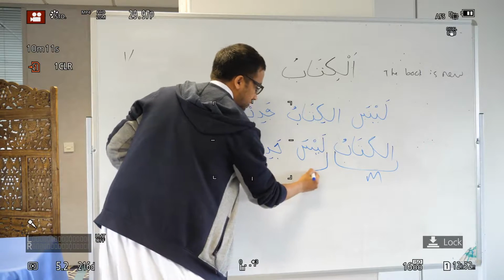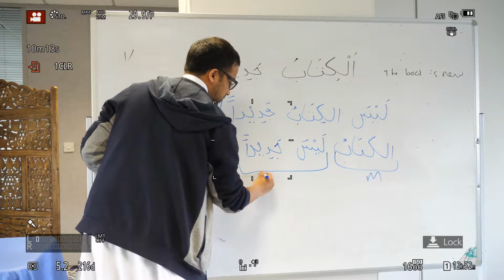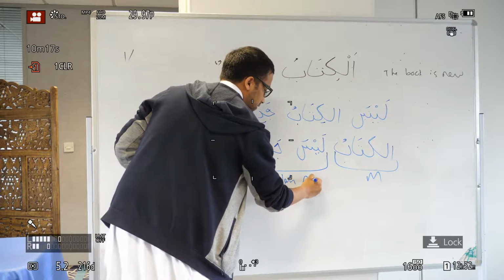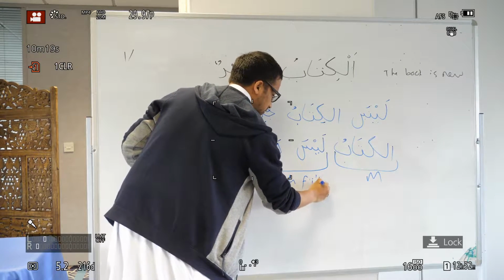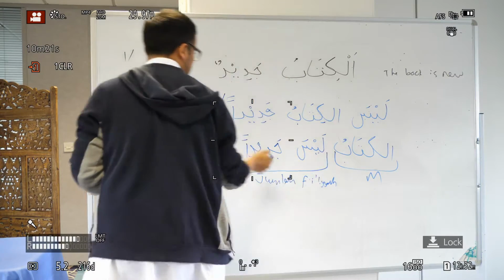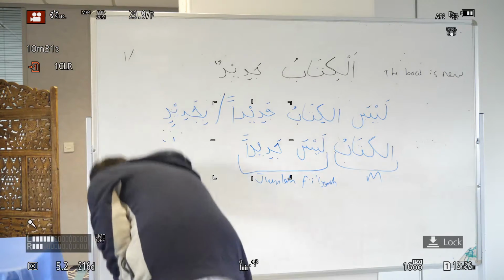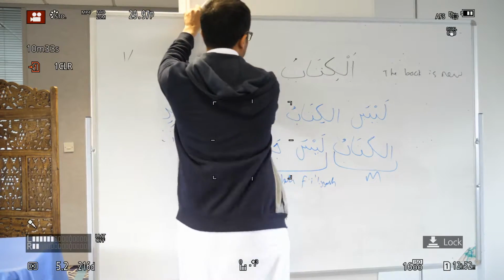So you've got a jumla fi'liya starting here. So this part is a jumla fi'liya. So the entire sentence is coming as a khabar. Okay, now why am I pointing this out for you?